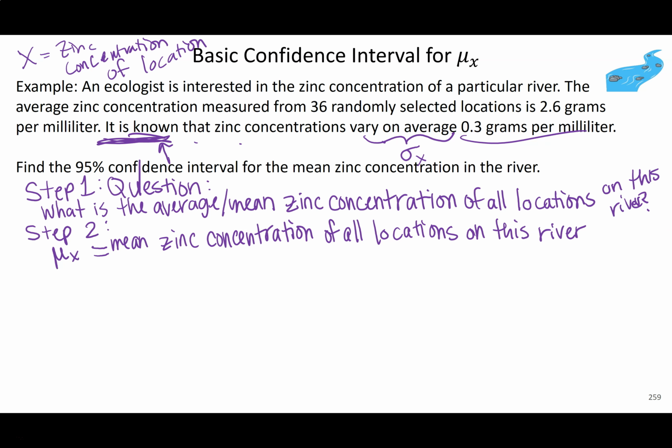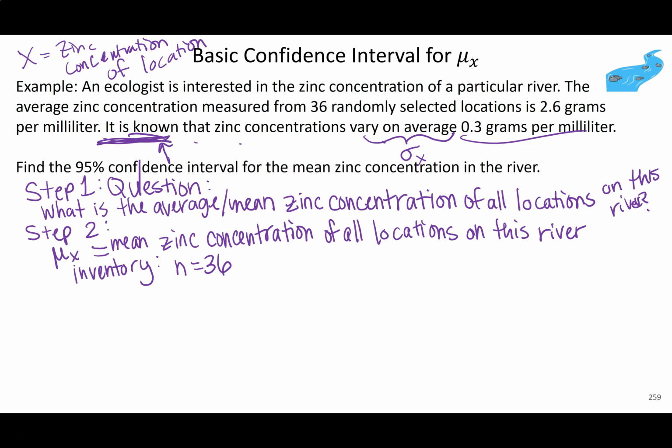Things to note: here we also do an inventory, so this is grabbing the information we know. I know that I have 36 locations, which is very conveniently a square.